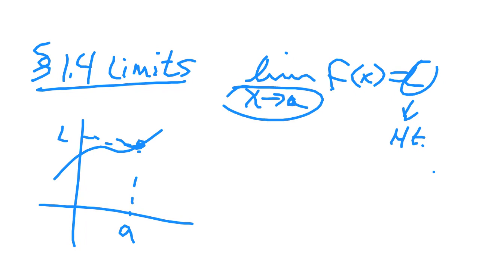As x approaches a from the right, I'm approaching the height of L. Remember, we don't care if we actually touch L or not. And if I approach a from the left, my graph approaches that height of L as well, from below.